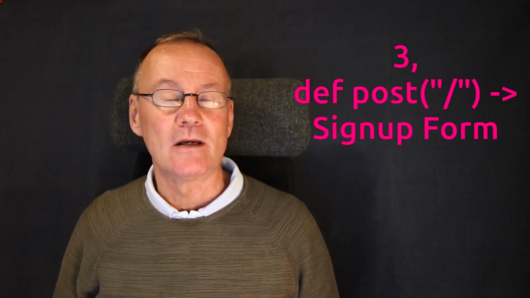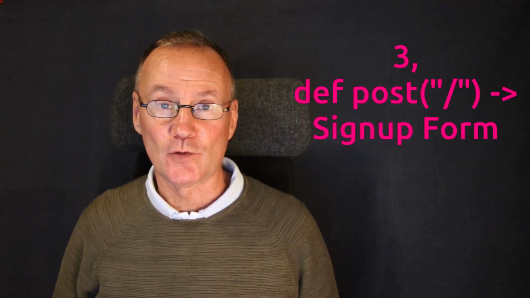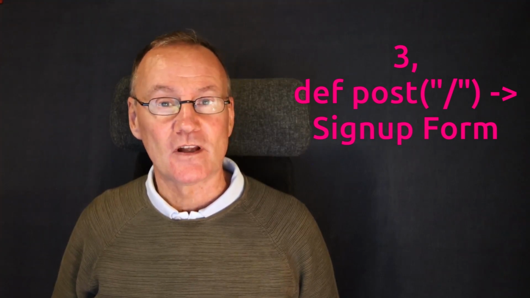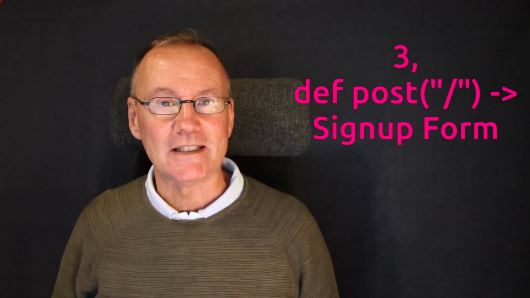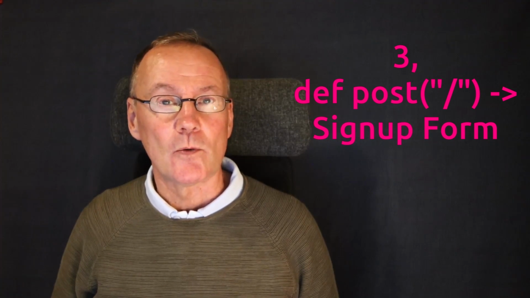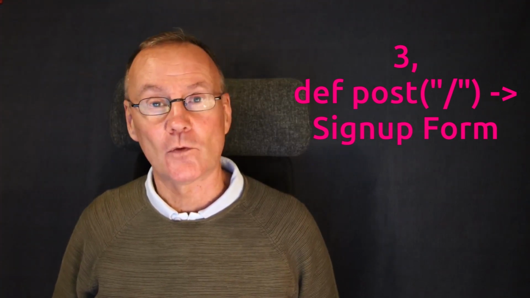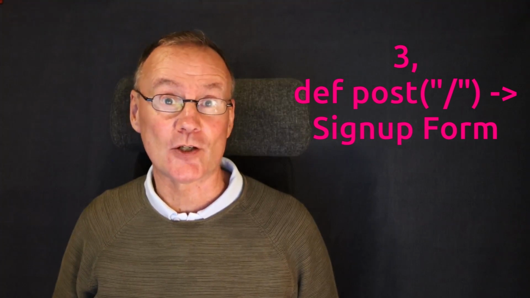And thirdly, we need to set up a function of post for root that actually returns the content of the card, which contains the actual forms for entering this information we need. In other words, returning the card of the sign-up form information.